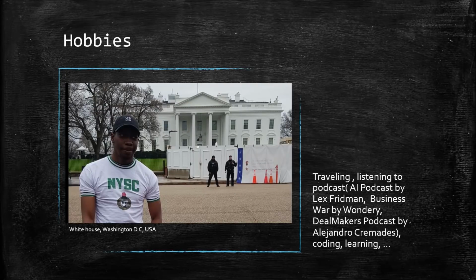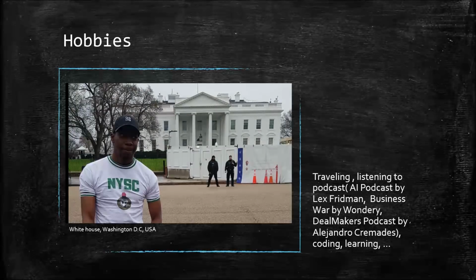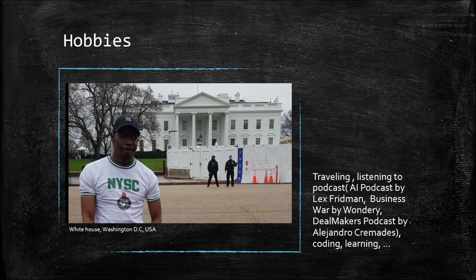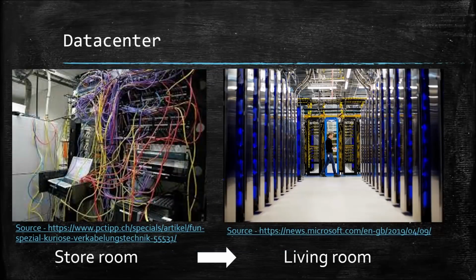I can recommend the AI podcast by Lex Fridman, the Business Law podcast, and the Dealmaker podcast. I like coding. I do more Python now, and I like learning. I like to learn cultures, languages, anything new, tech and stuff like that. I just like learning.